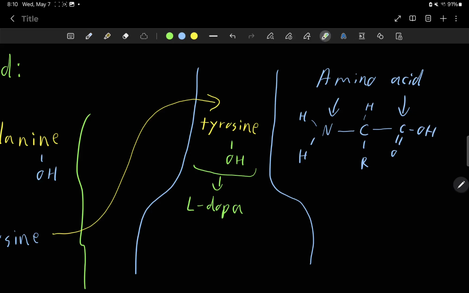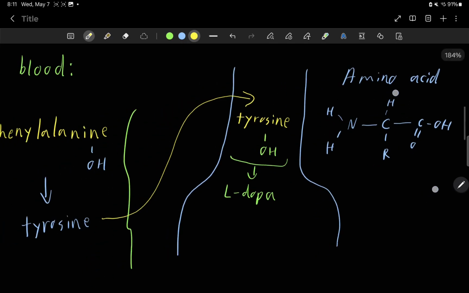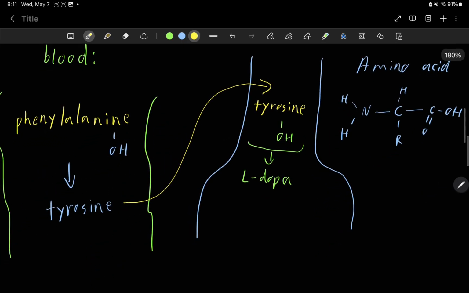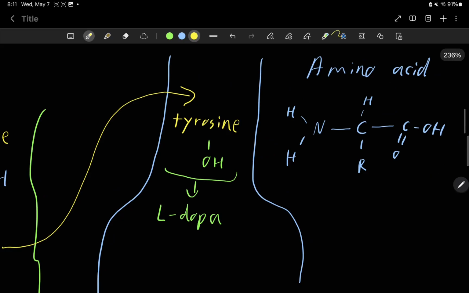So you have an amino side with an amine group, and you have an acid side with a carboxyl group. So up to this point, your phenylalanine, tyrosine, and L-dopa are all amino acids, meaning they have both of these components, an amine side and a carboxyl side.